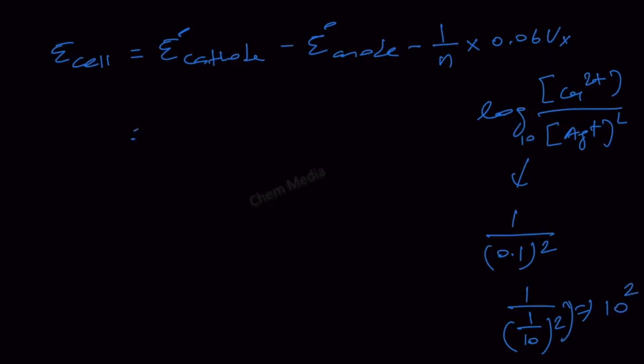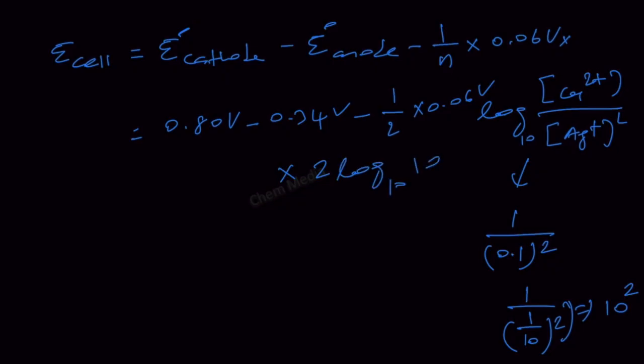So this will be equal to E standard cathode 0.80 volt minus E standard anode 0.34 volt, minus n factor 2 times 0.06 volt times 2 log 10 base 10. So this 2 we can cancel.